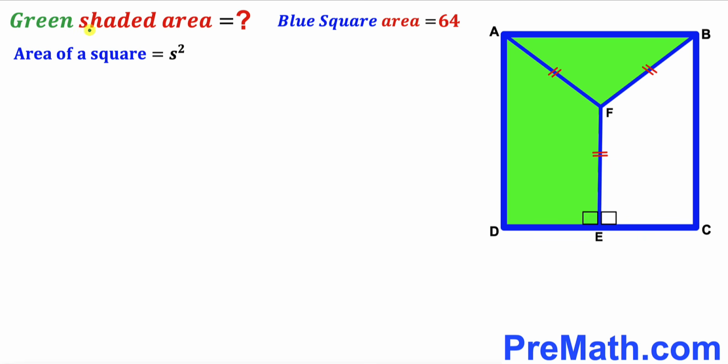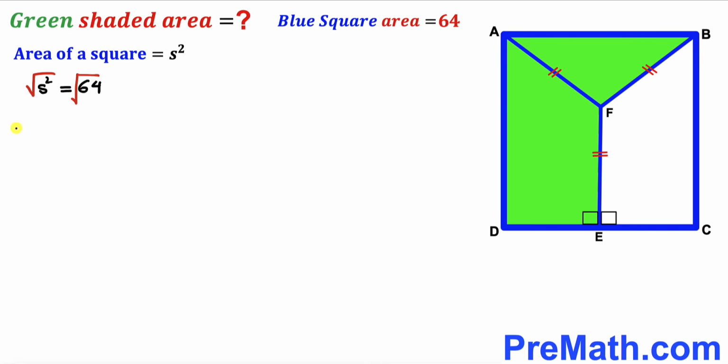Now let's recall the area of a square formula. Area is always equal to s squared, where s represents the side length of the square. In our case, the area has been given to us as 64. So s squared is going to be equal to 64. Now I am going to undo this square by taking the square root on both sides.